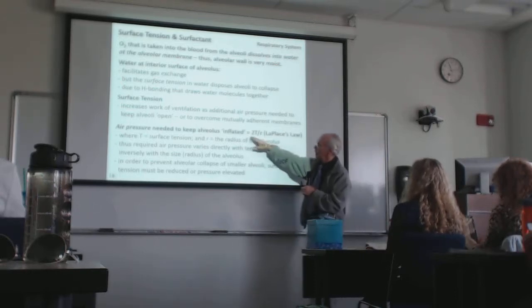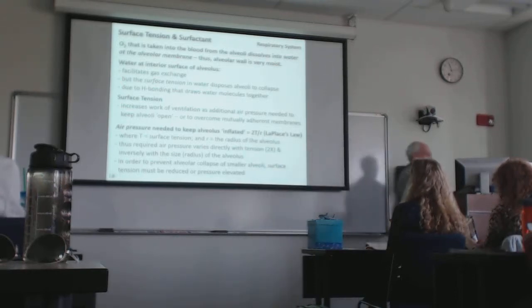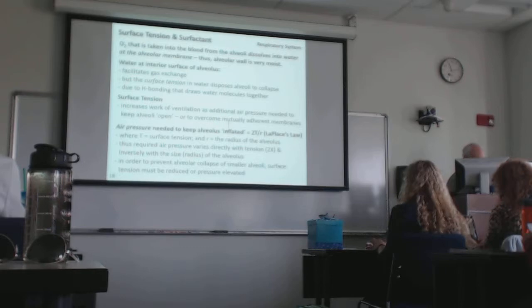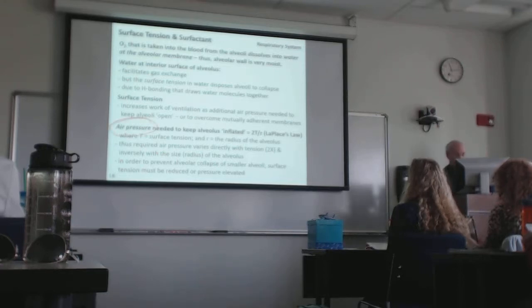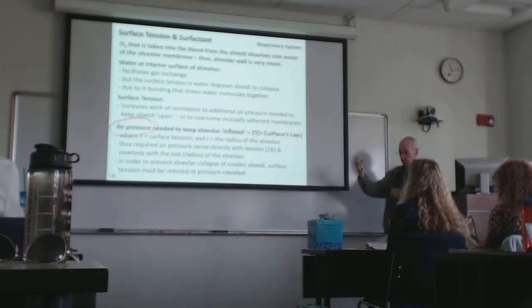But I want to make sure you understand that the P on the left side, which stands for pressure, very explicitly is the air pressure needed to keep an alveolus open, to keep it patent.